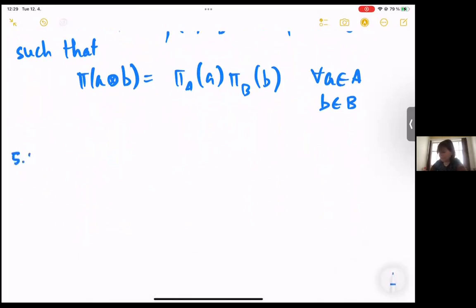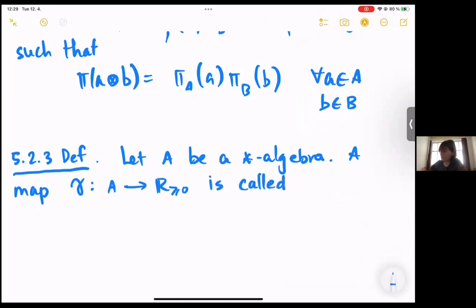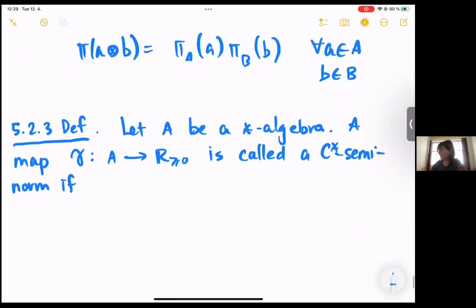Okay, so we need a little definition here. So we have a star algebra, and if we have a map gamma from A to the positive reals, this is called a C-star seminorm if it is a seminorm.